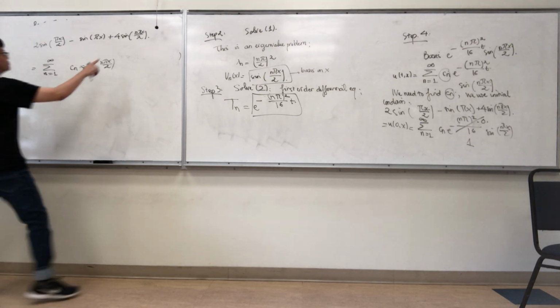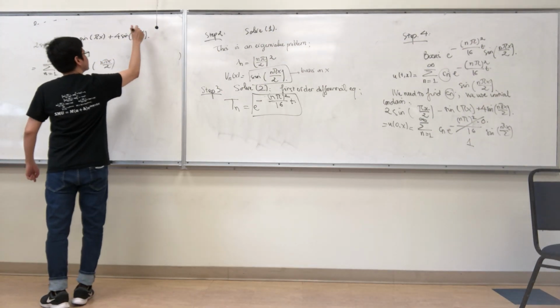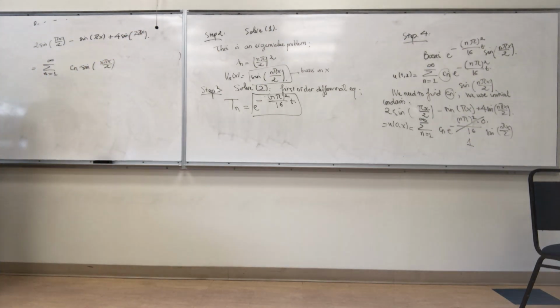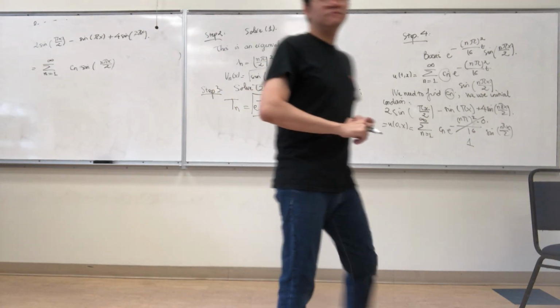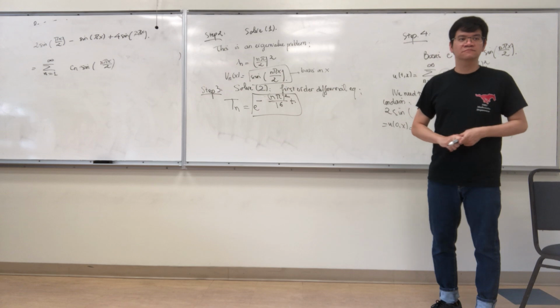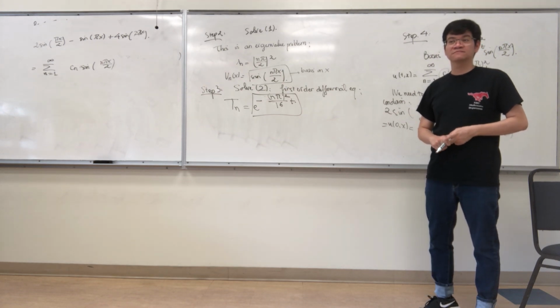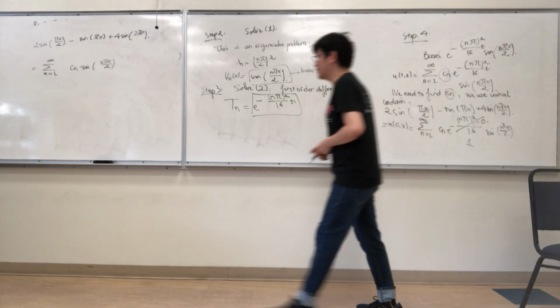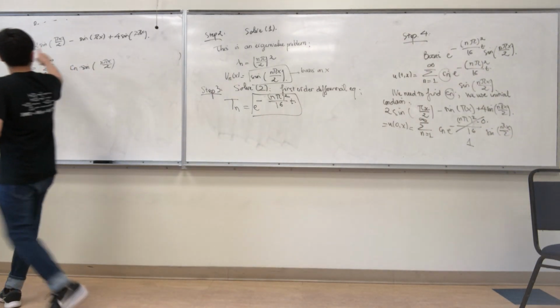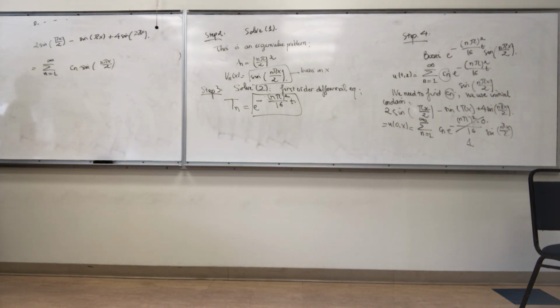So, how do you find Cn without doing anything? I don't have to do any computation and I can have precisely what are the values of Cn.